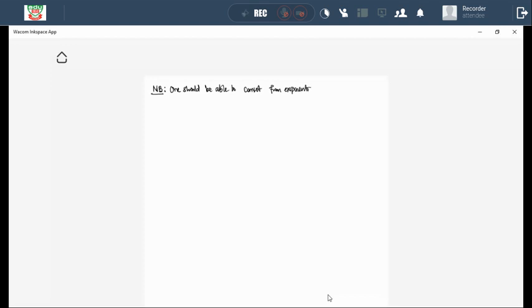So if you are given something in exponential form, you should be able to convert it to logarithmic form, or the other way round, meaning you should also be able to convert from logarithmic to exponential.